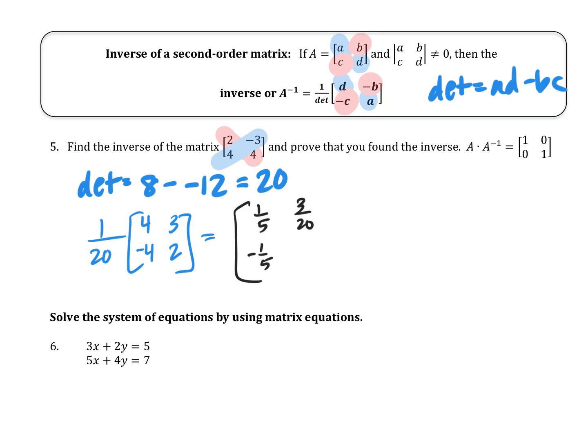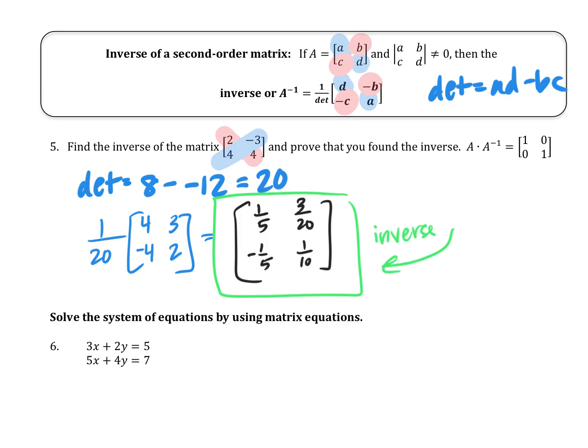And then 2 times 1/20th, 1/10. You guys, we did it. This is the inverse. Wait. Whoa. So when you find the inverse, again, this times what I started with would get me 1, 0, 0, 1.